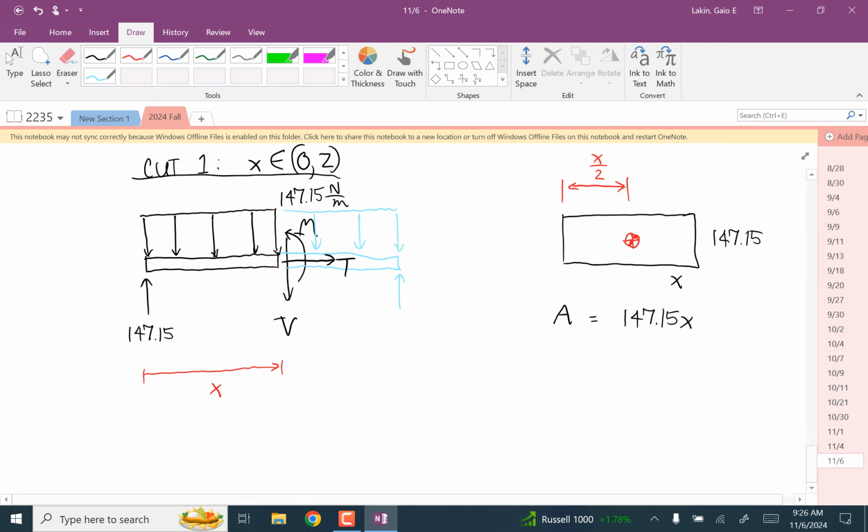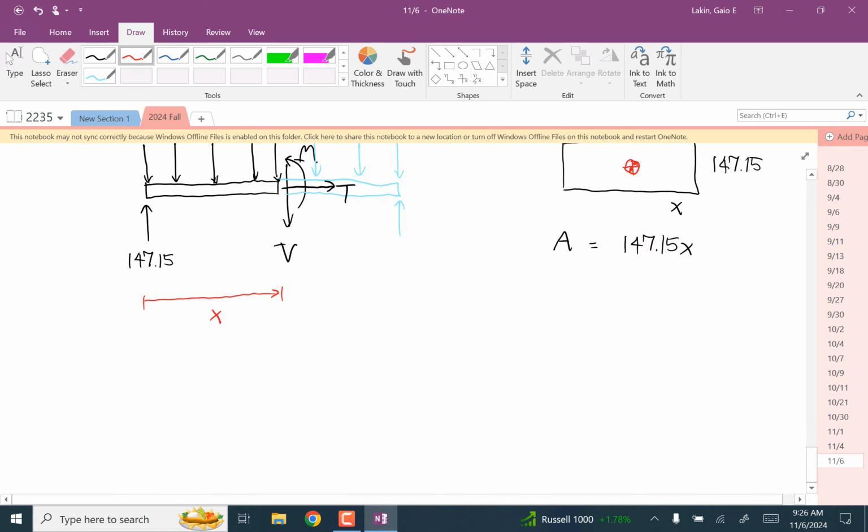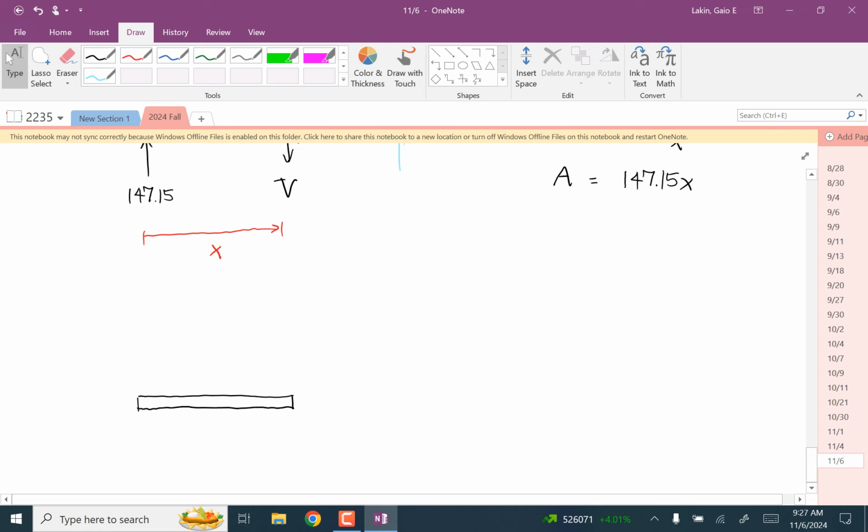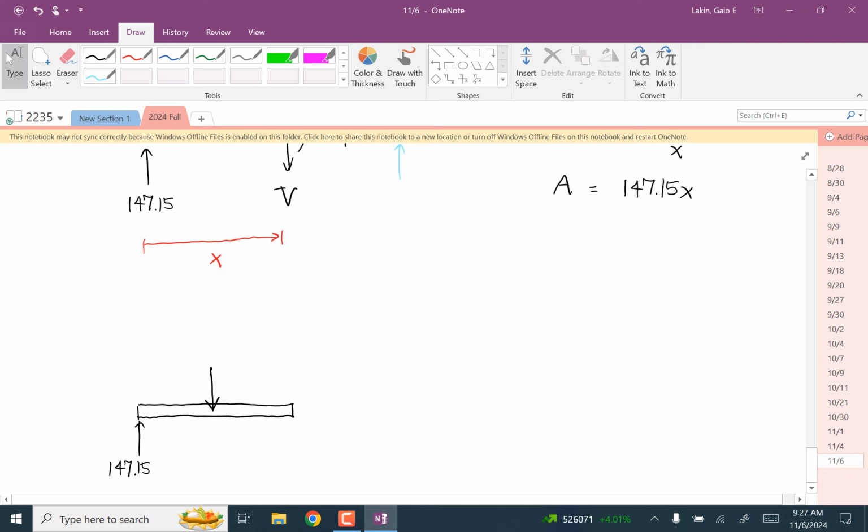Okay. So now I'm going to redraw this with the point force replacing the distributed load. We have an upward force of 147.15. We have the downward force that's replacing the distributed load now. It's at the midpoint and it has a magnitude of 147.15x.